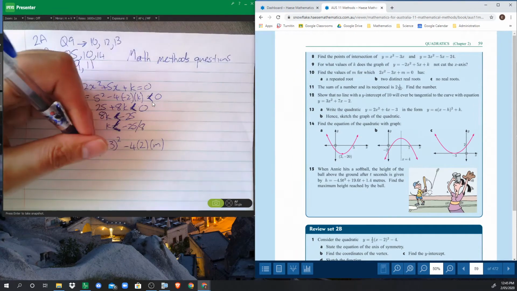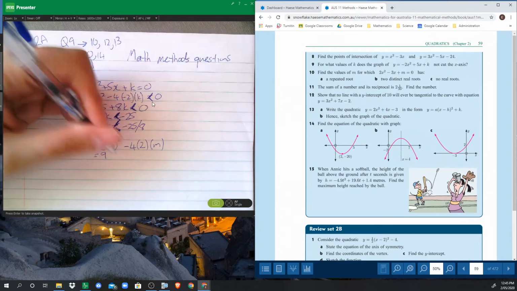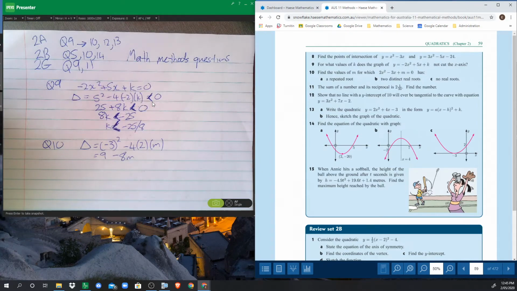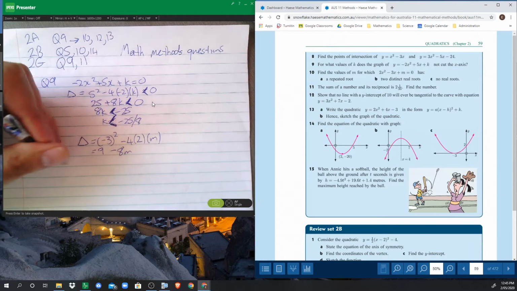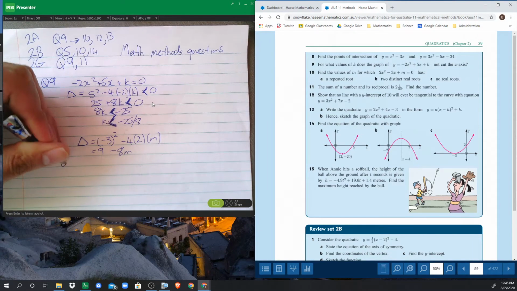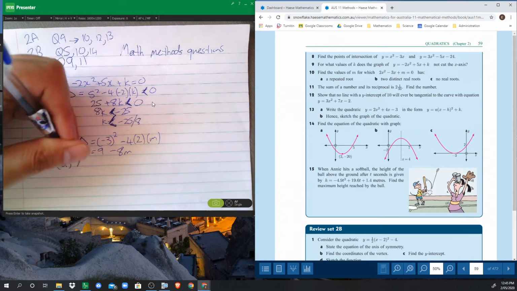Okay, 9 minus 8m. All right. So just remembering the discriminant. For a repeated root, the discriminant equals 0.